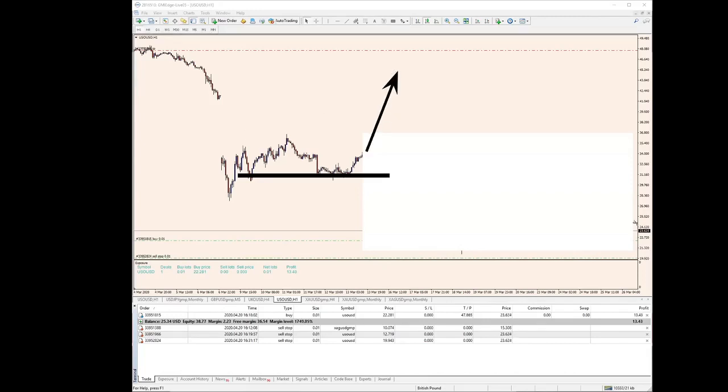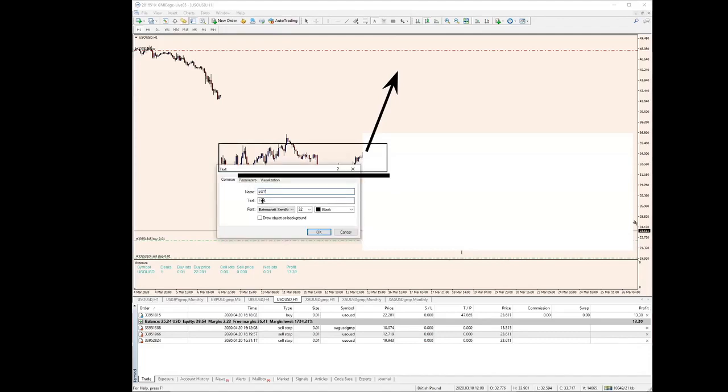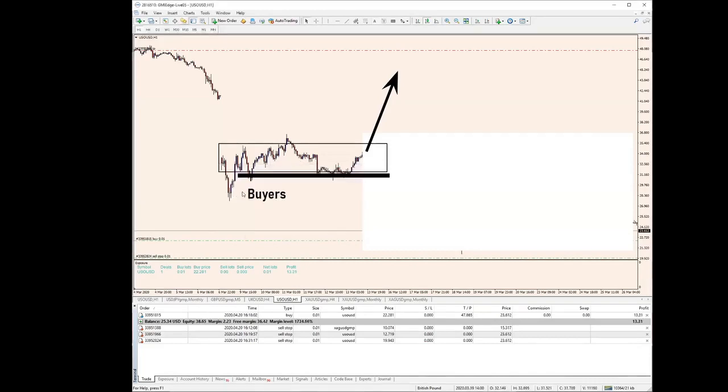So many traders see this as support and resistance. They buy at the bottom. The massive amount of buyers are stuck here. So let me write that on MT4. Massive amount of buyers are here.